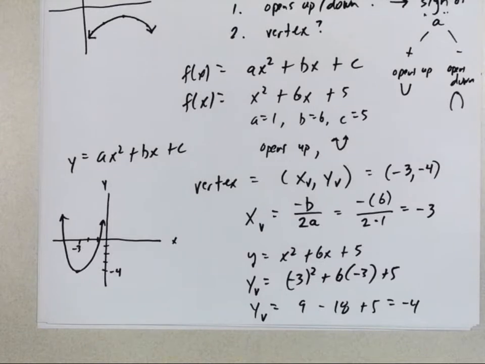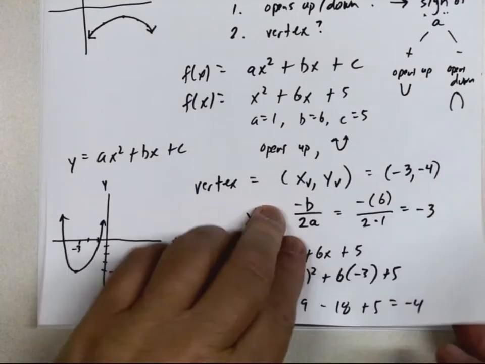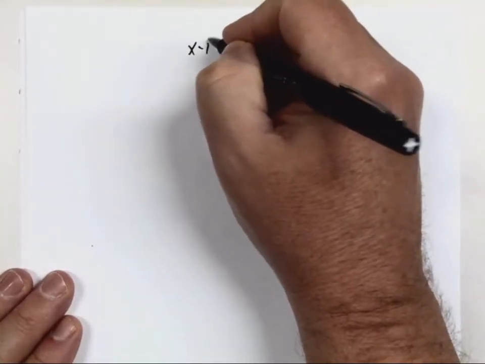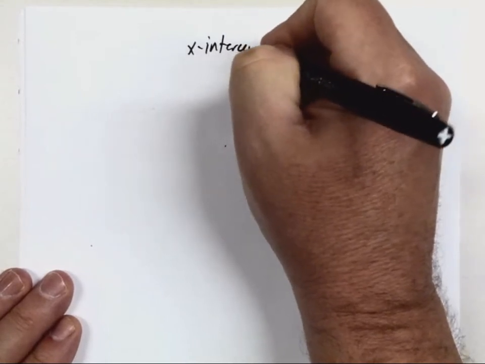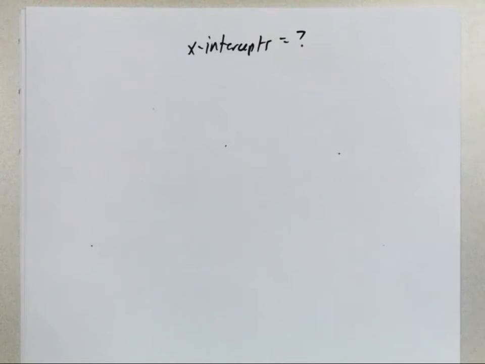However, let's take it a step further. And one of the things we can do to get a more precise graph, oftentimes one of the easier things to do, is to go back and determine, all right, we spent a lot of time in our classes talking about x-intercepts.